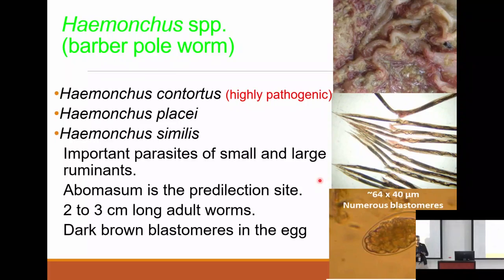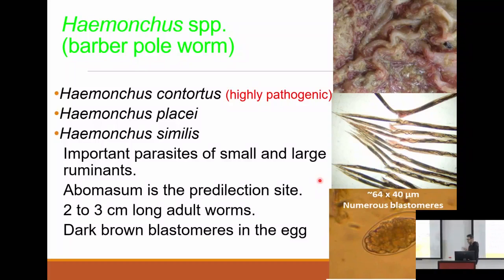This parasite always resides in the abomasum and is relatively big, 2 to 3 centimeters long. Once you open the abomasum, you can easily see these reddish-colored parasites because they are blood sucking.